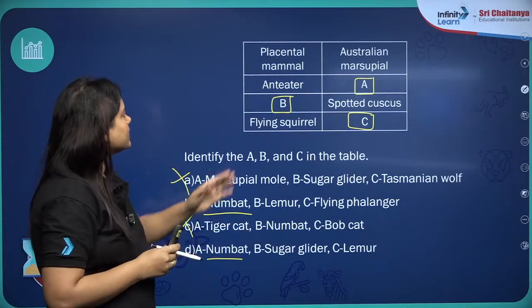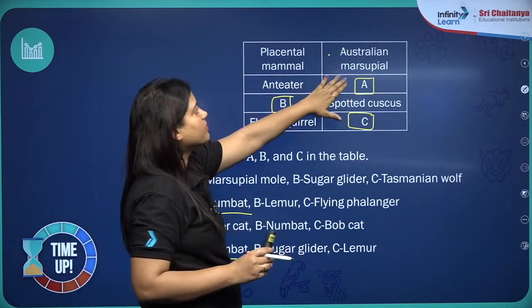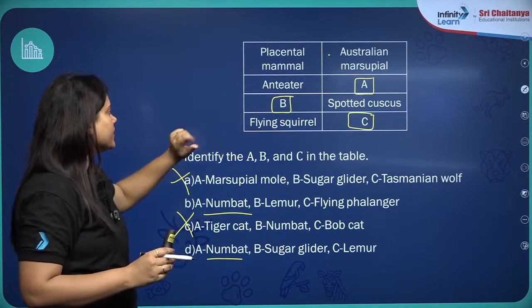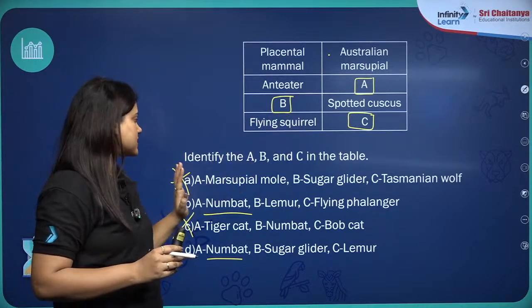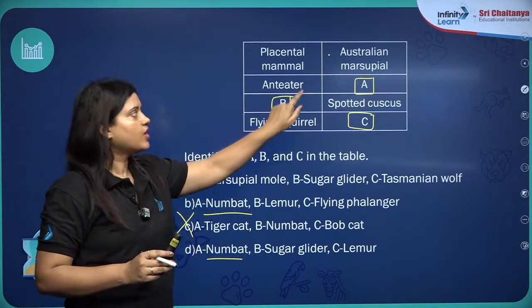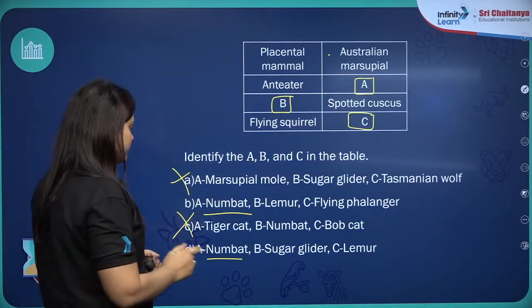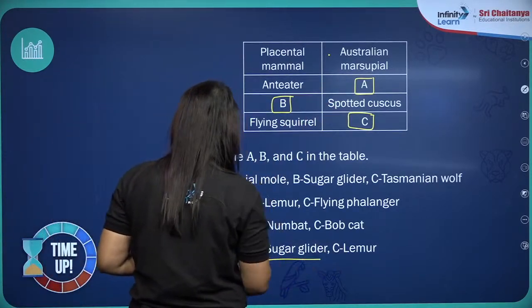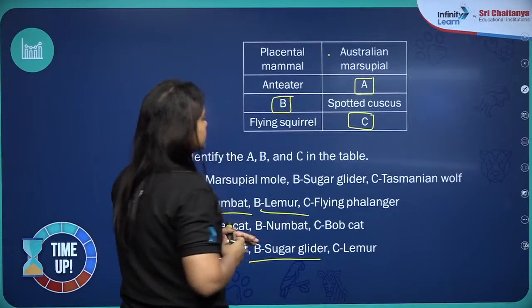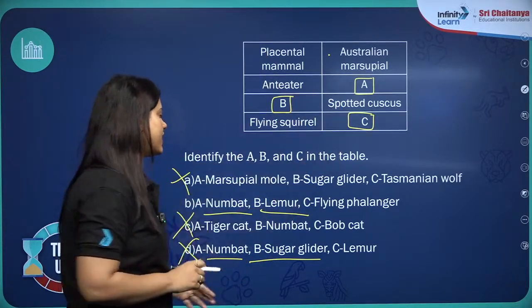Yes. So anteater placental mammal will be like numbat, Australian marsupial. Now coming to spotted cuscus. Okay, so placental mammal में क्या होगा, lemur, और Australian marsupial में क्या होगा, spotted cuscus. Okay, and not the sugar glider. Similarly, flying squirrel in placental mammal and Australian marsupial में क्या होगा, flying phalanger.